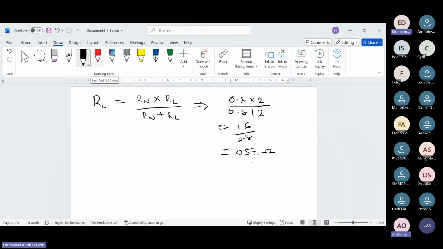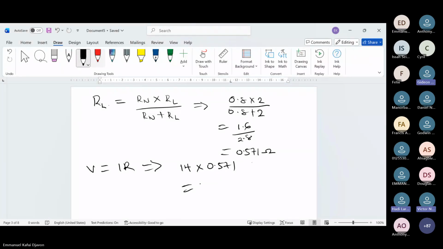So now I want to get the voltage, V, which will be equal to the current 14 times 0.571. That will give us 7.98, 7.98 volts.